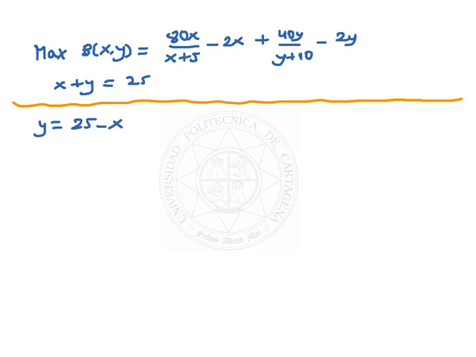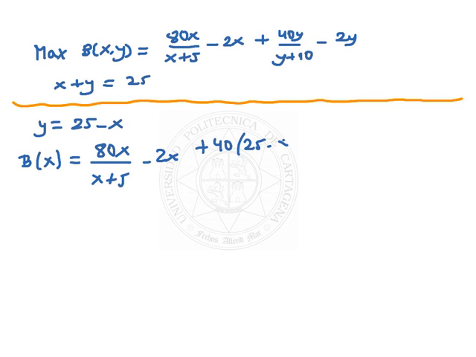Now I replace y in the objective function, and I have B depending on x is 80x over x plus 5 minus 2x plus 40 times (25 minus x) over (25 minus x plus 10) minus 2 times (25 minus x).